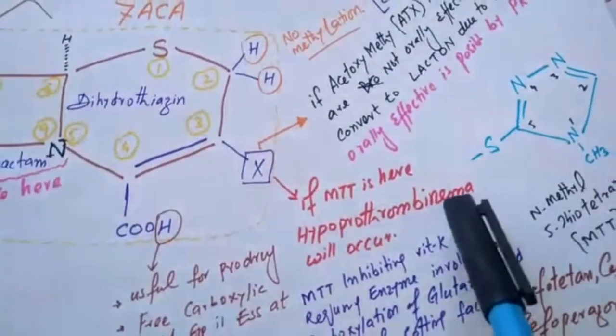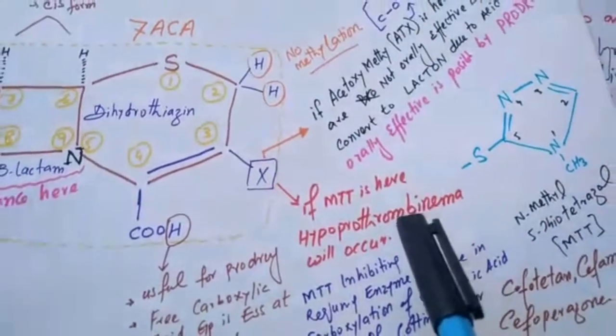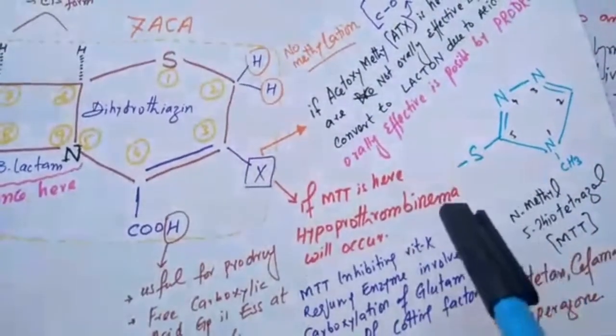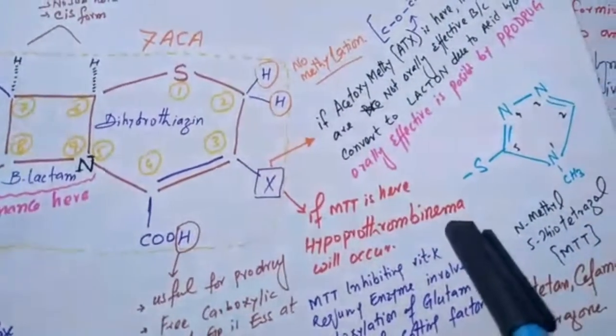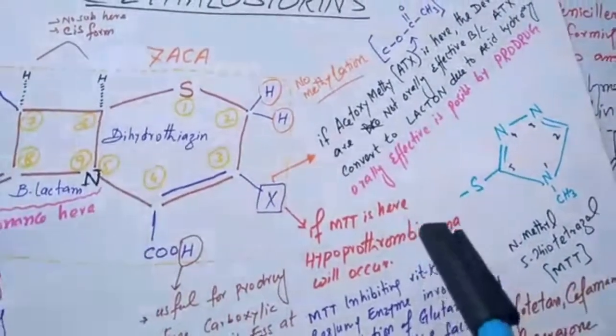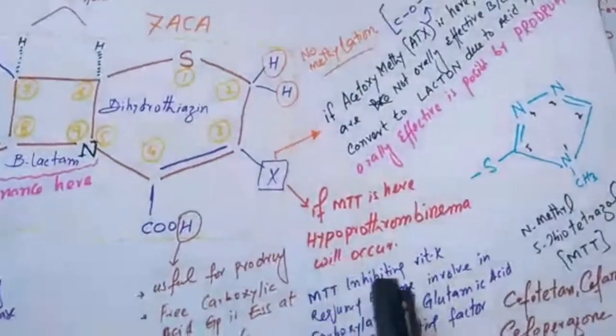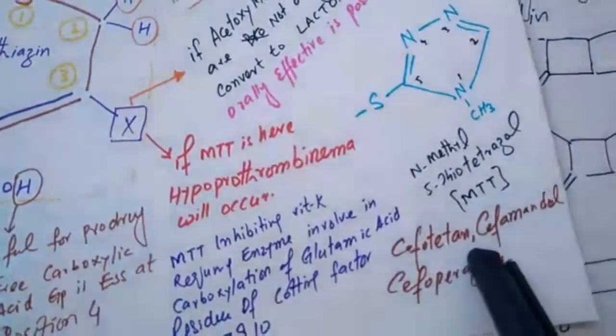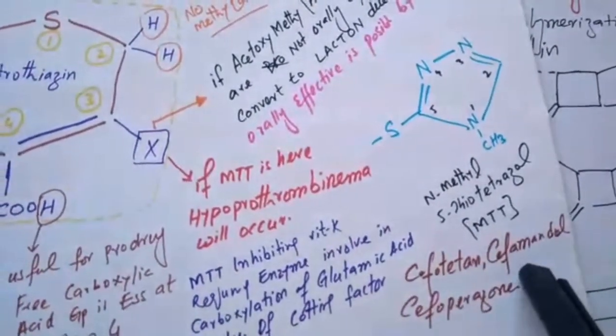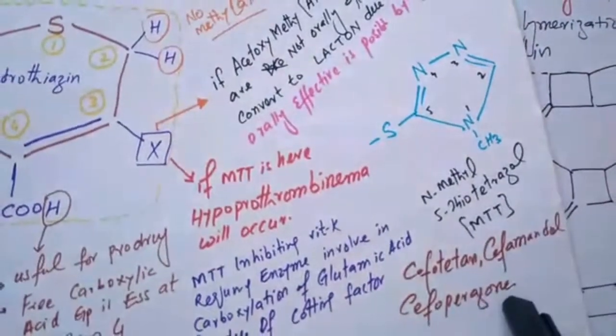hypoprothrombinemia. There will be bleeding from mucous membranes, bleeding in urine, stool, from the nose, from the mouth. For example, cefotetan, cefamandole, cefoperazone.